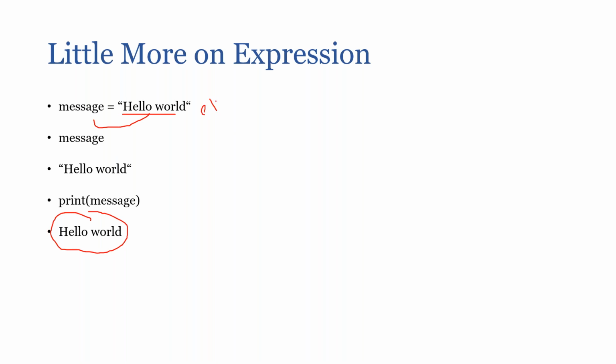But the expression is further going to be used in the program, so nothing will change because you have put this as a string. It will continue as a string, as hello world. Nothing will change.